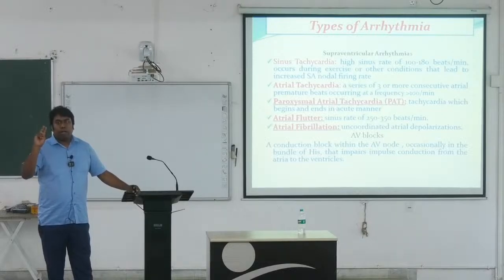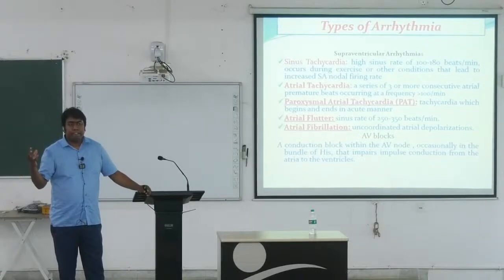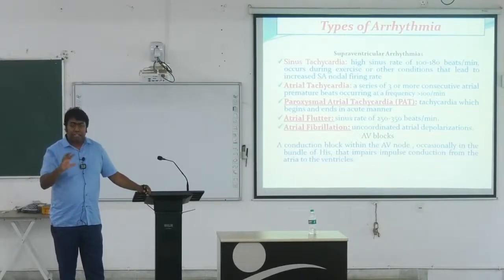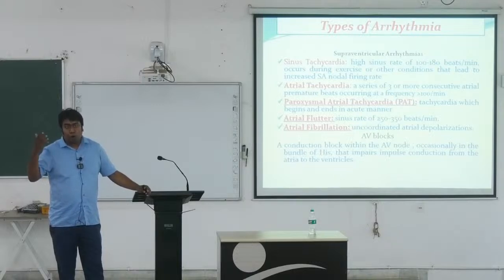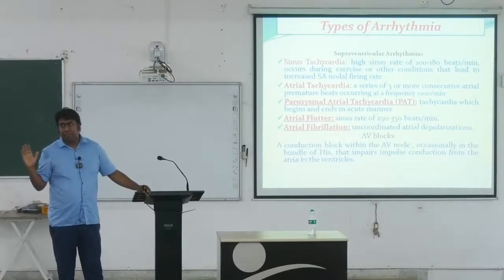So in each 2 impulse generations, 1 will be conducted to the ventricle. So only 125 will be conducted, producing contraction in the ventricle. That can lead to a good enough cardiac output. But if it is 250 and all are transmitted to the ventricle, what happens? The ventricle will be like a fibrillation. There is no adequate cardiac output, leading to syncope and death of the patient.